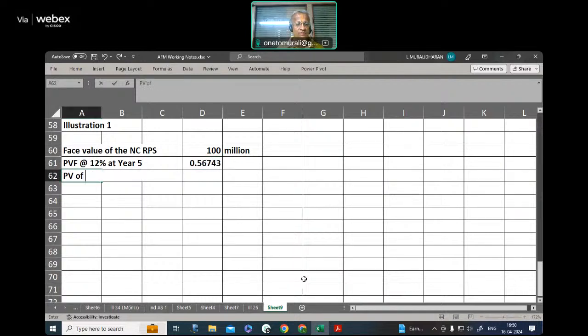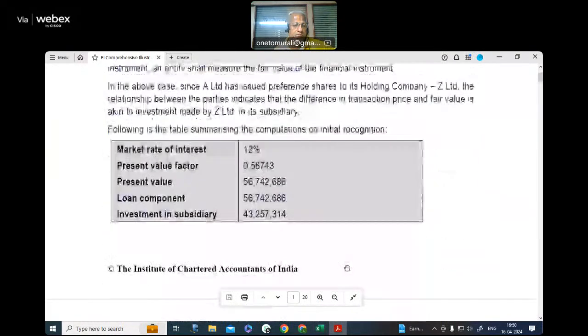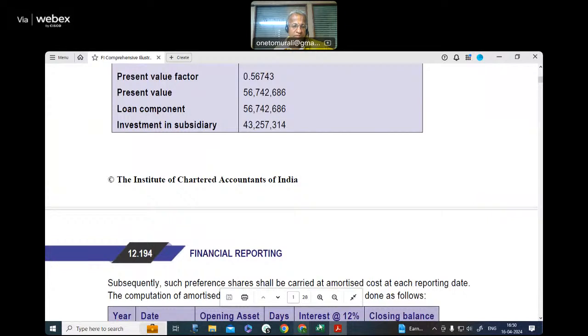Present value of investment. The difference shall be taken up as deemed investments.